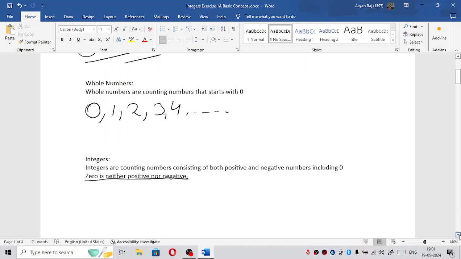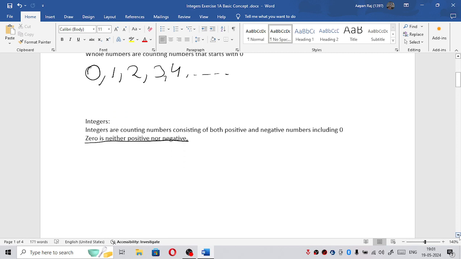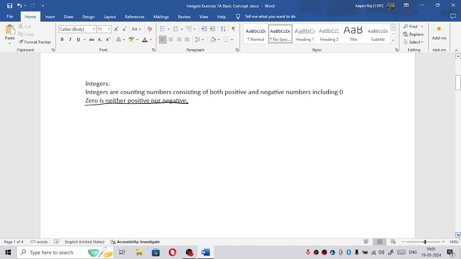Now, why was I discussing natural numbers and whole numbers? Because we are studying integers, and integers are counting numbers consisting of both positive and negative numbers including 0. Which means integers will have 0 plus positive numbers, and they will also have negative numbers.